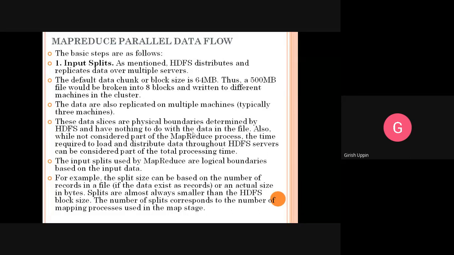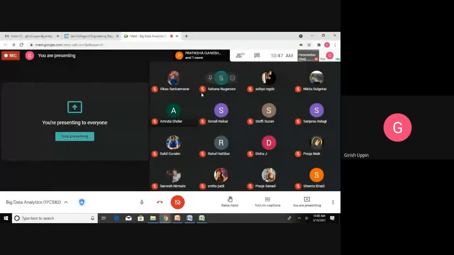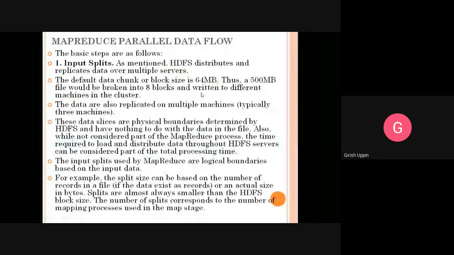Let us say in a word count we have a text file. Each line can be considered as one split, so that is one logical split. So each line in the document is an input split, or it can be in terms of the number of bytes.